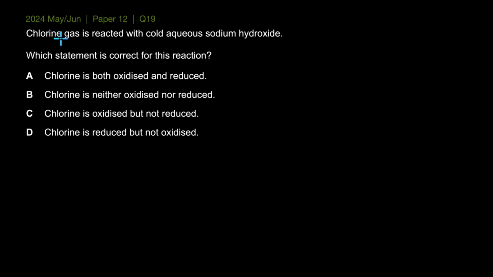Now in the next question, chlorine gas is reactive with cold aqueous NaOH. So here, what happens with cold NaOH? It makes NaCl and NaClO. It's disproportionation. So chlorine is being oxidized and reduced because it is a disproportionation reaction.